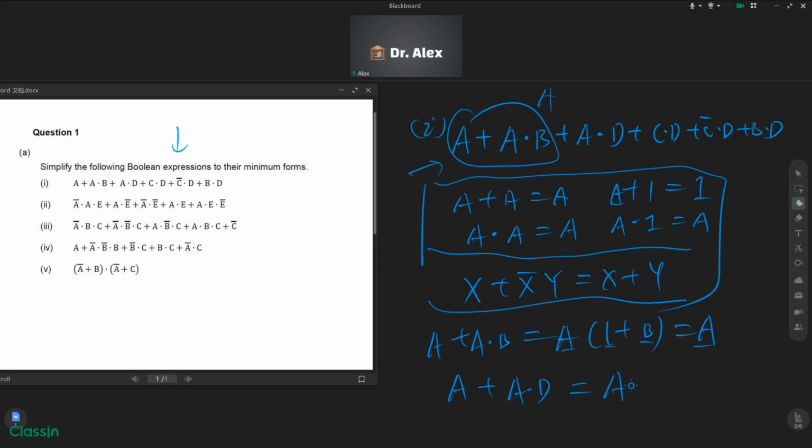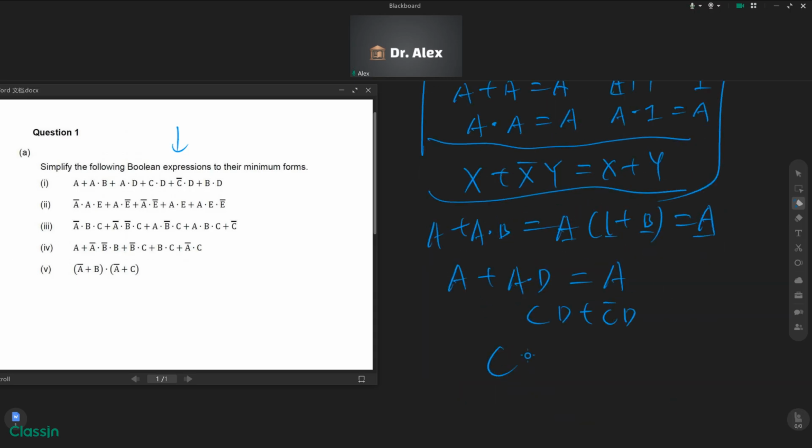And for these three, C, D plus not C, D, which is C plus not C and D. Remember, C or not C is 1, because no matter C is 1 or 0, the OR expression always equals 1.